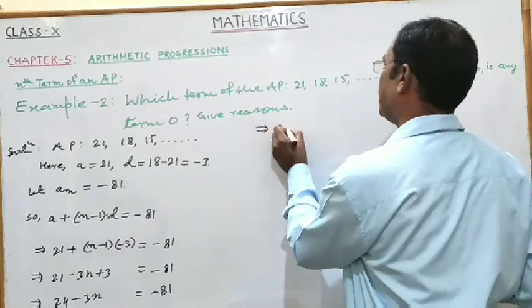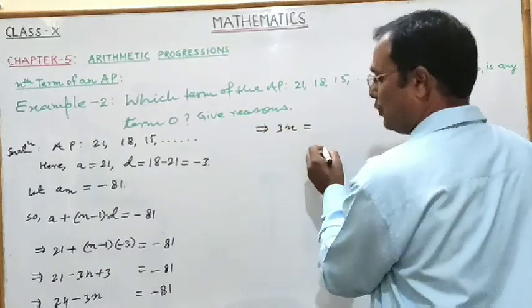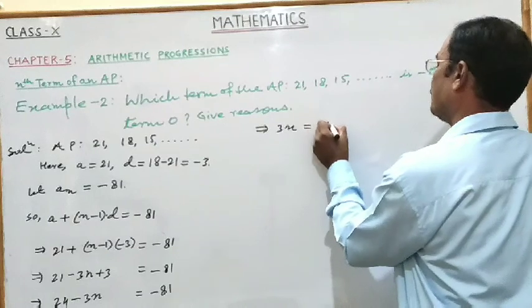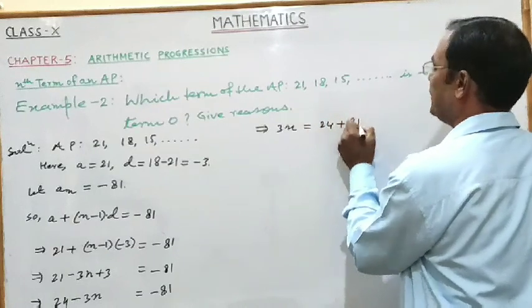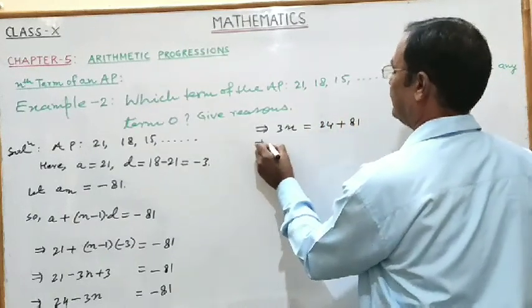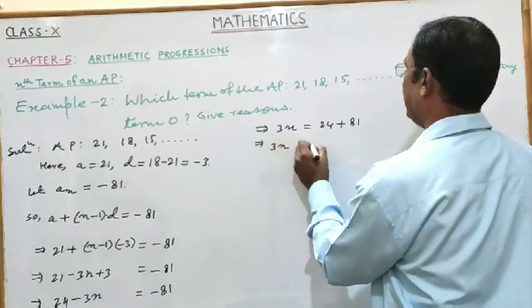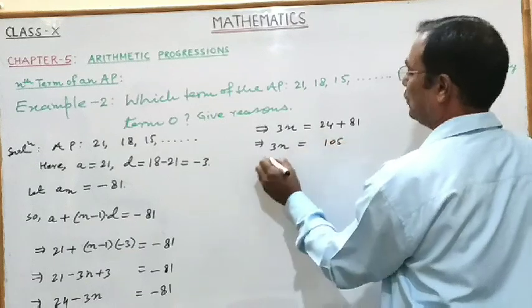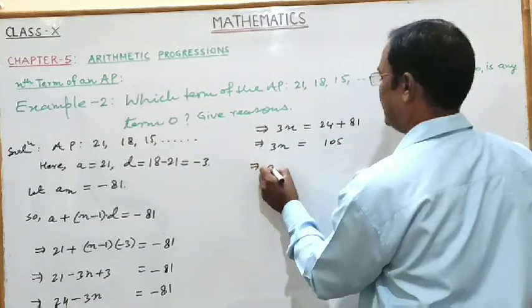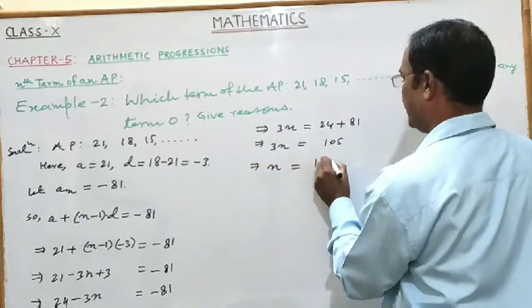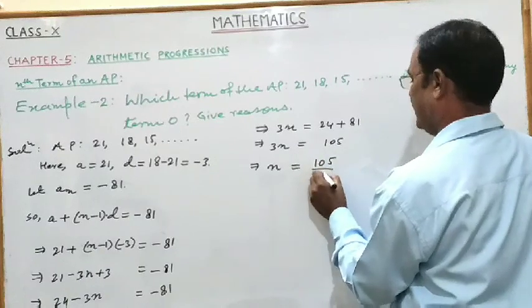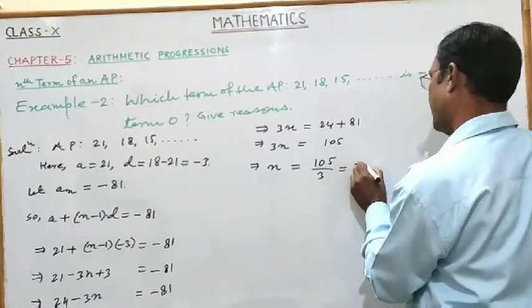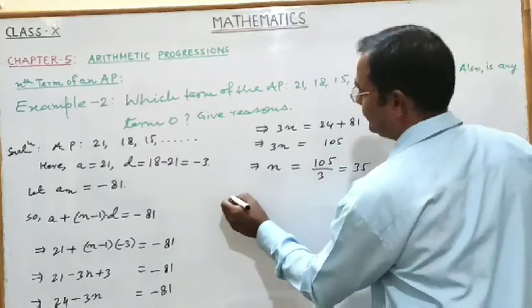This implies 3n is equal to 24 plus 81. So 3n is equal to 105. So n is equal to 105 by 3 equal to 35.